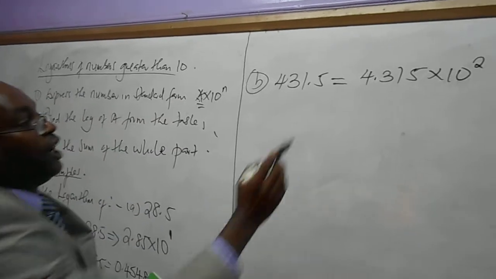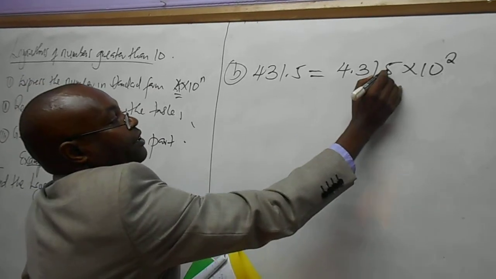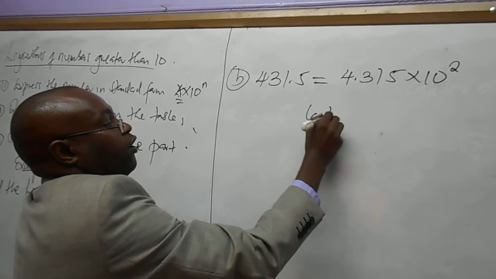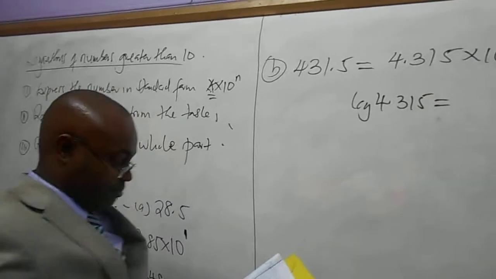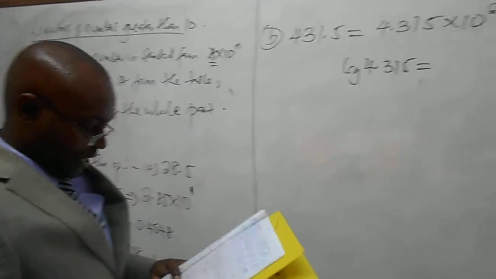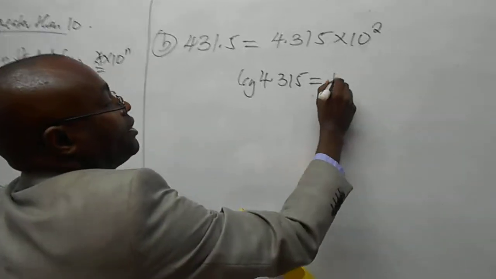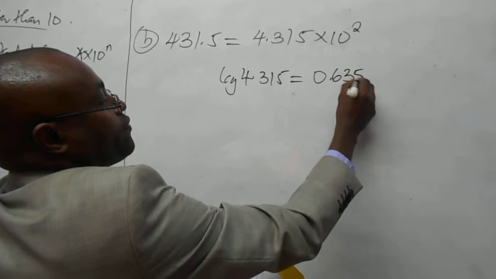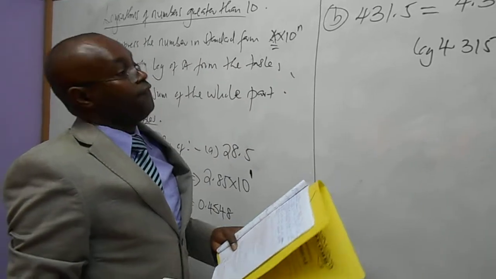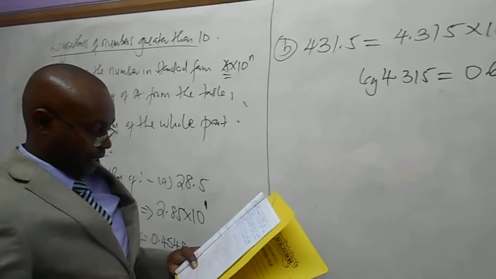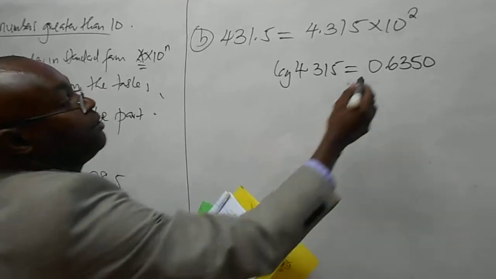Then you look for the log of 4.315. If you read that one from the tables, you're going to get 0.6350. You can confirm that, and that is times 10 to power 2.